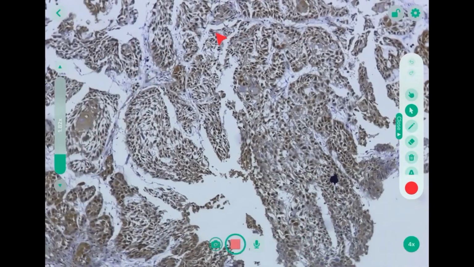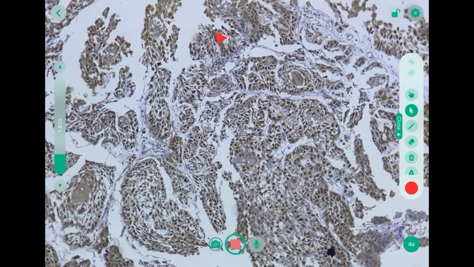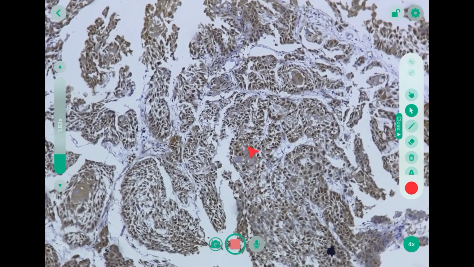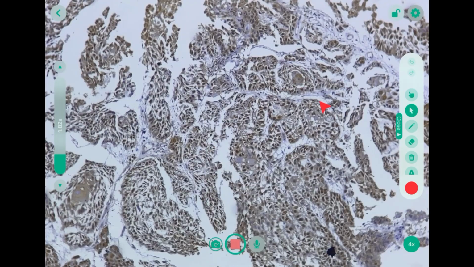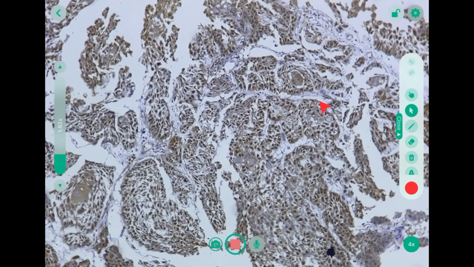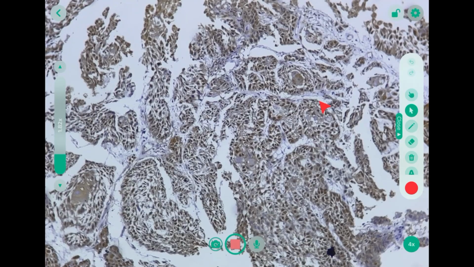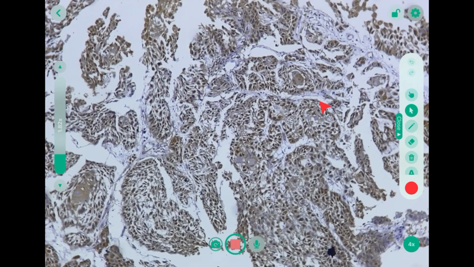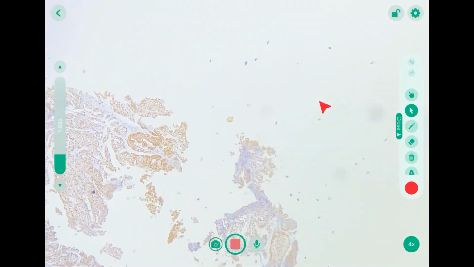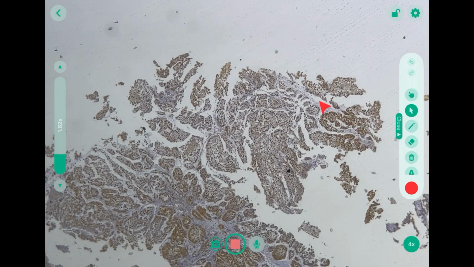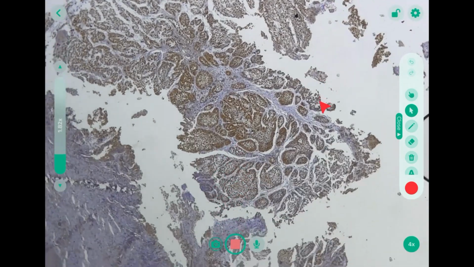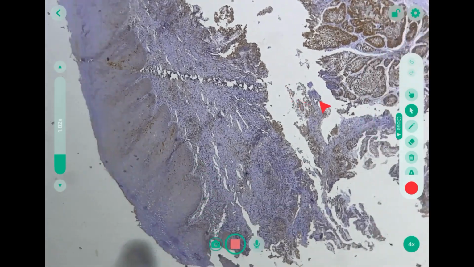Here there is this sheet-like pattern, which denotes a more aggressive, at minimum moderate, grade. It can be poorly differentiated if it doesn't have proper nests and lobules. So poorly differentiated or moderately differentiated SCC.